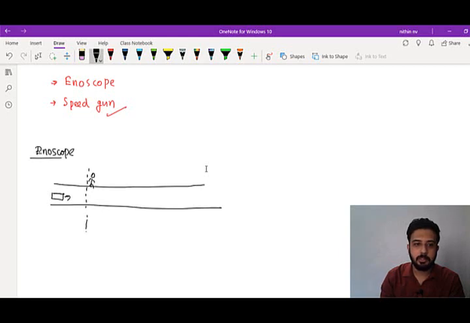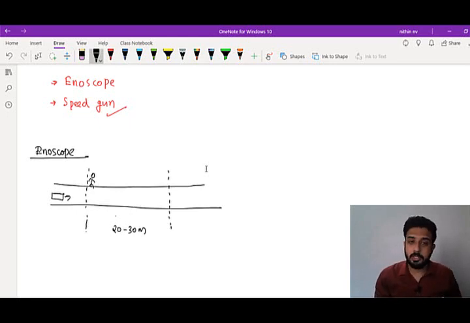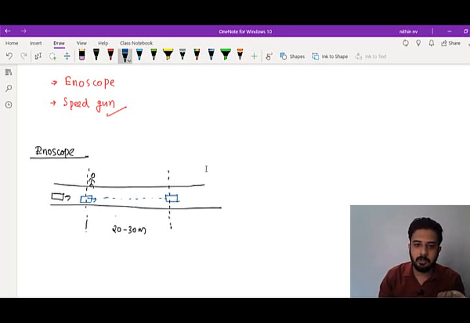Whenever vehicles cross this particular location, we will start our stopwatch. We will select another point somewhere here, very near, maximum 20 to 30 meters. It shouldn't be too much distance. When a particular vehicle crosses the first point, we start our stopwatch, and when it moves and crosses the second point, we stop it.